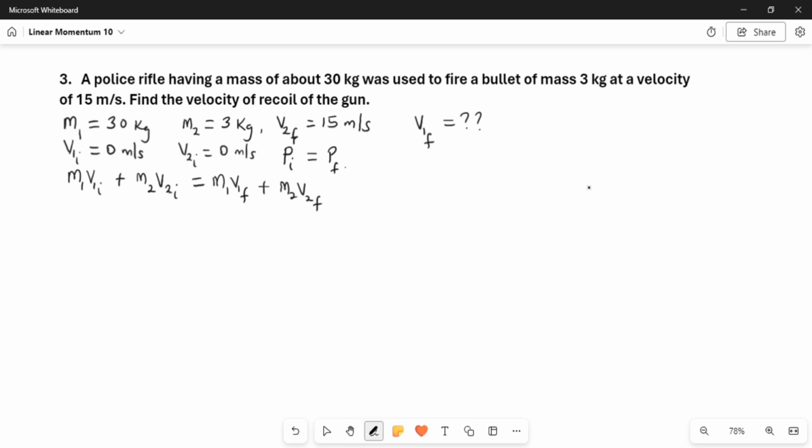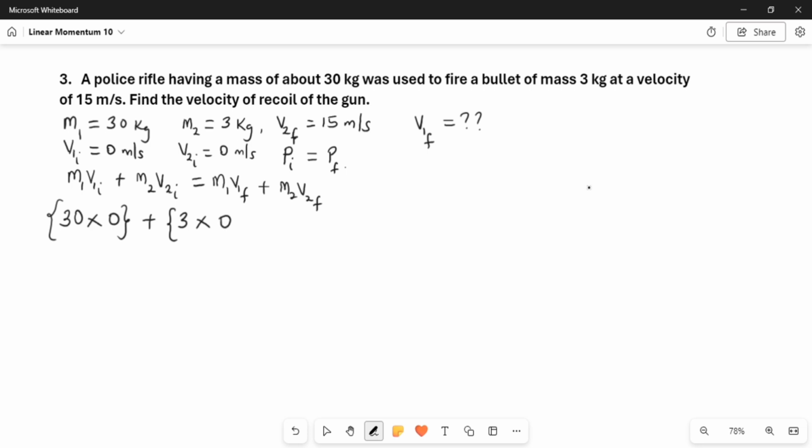So let's insert every term into the expression. m1 is 30. So say 30. I'll be avoiding the units in my calculation. So just say 30 times v1I is 0. So we say times 0. Close that bracket. Plus m2 is what? 3 kg times v2I is what? 0.